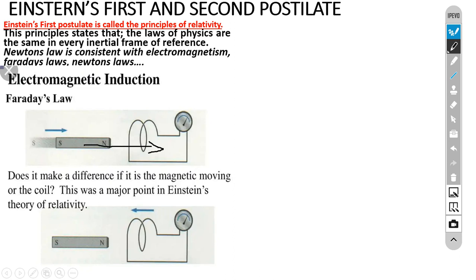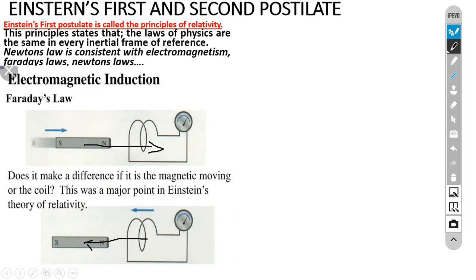There will be an indication that there is a flow of current. If you decide to remove the bar magnet, current will still flow. That is the first frame of reference.